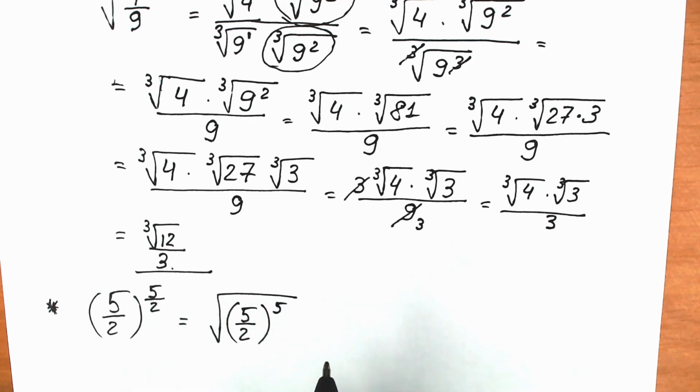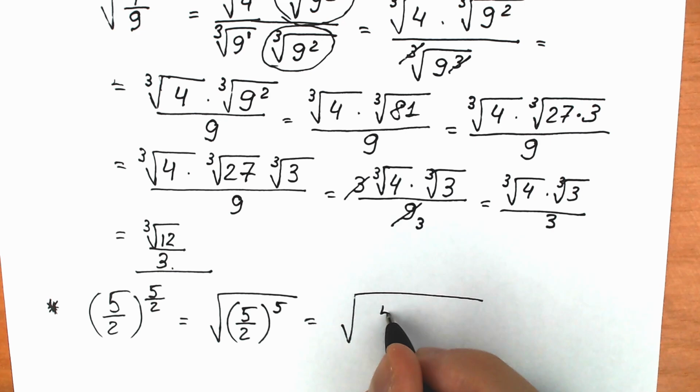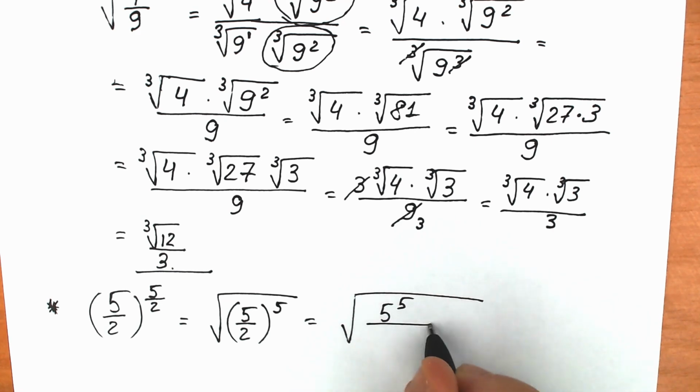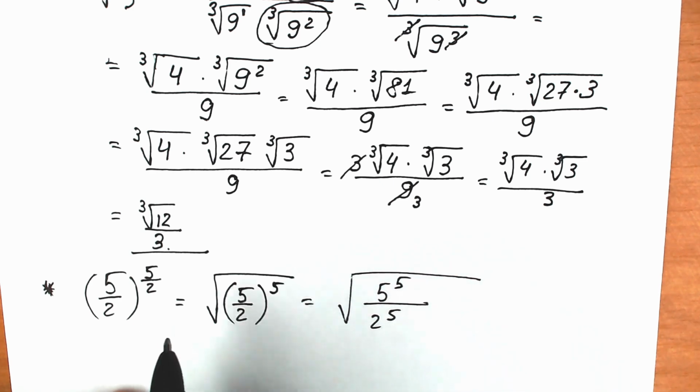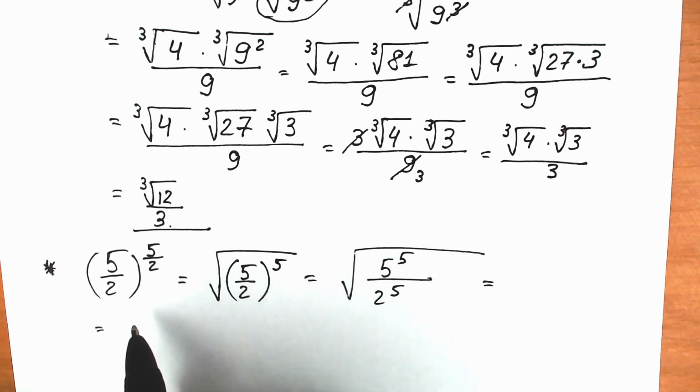So right now we have square root of 5 to the power 5 over 2 to the power 5. So we just simplify this a little bit after this step. When we go from our fraction way to our square root way, we are talking about simple math properties, simple math steps.